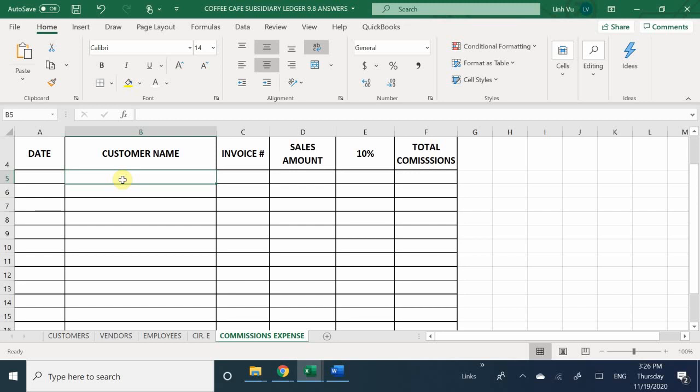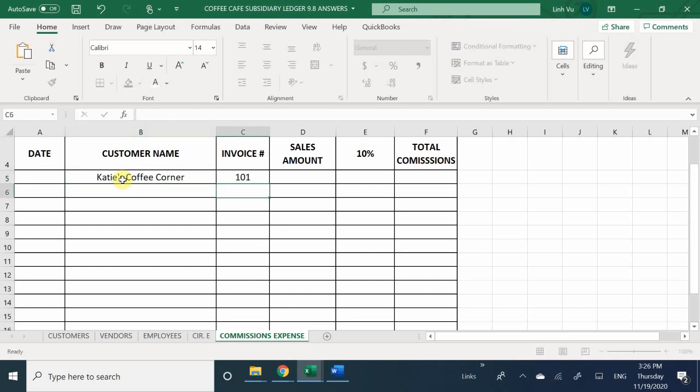So here, this is what we're going to do. We're going to record the potential sale. Okay, Katie's Coffee Corner. We're not going to put the date yet because he hasn't delivered it to them yet.